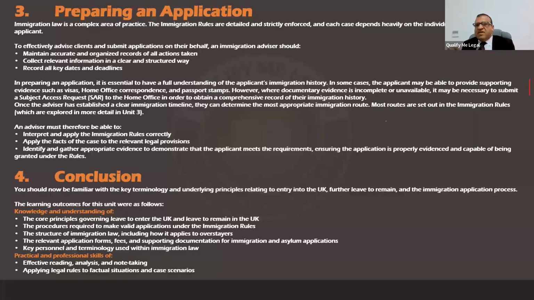For the sake of argument, you have applied for a visit visa from Pakistan, India, Bangladesh, or any other country. And you have posed a question to the client: have you ever applied for any visa before? And the client said no, but in practice the client had applied and that visa was refused, and you have not provided the proper information to the Home Office.